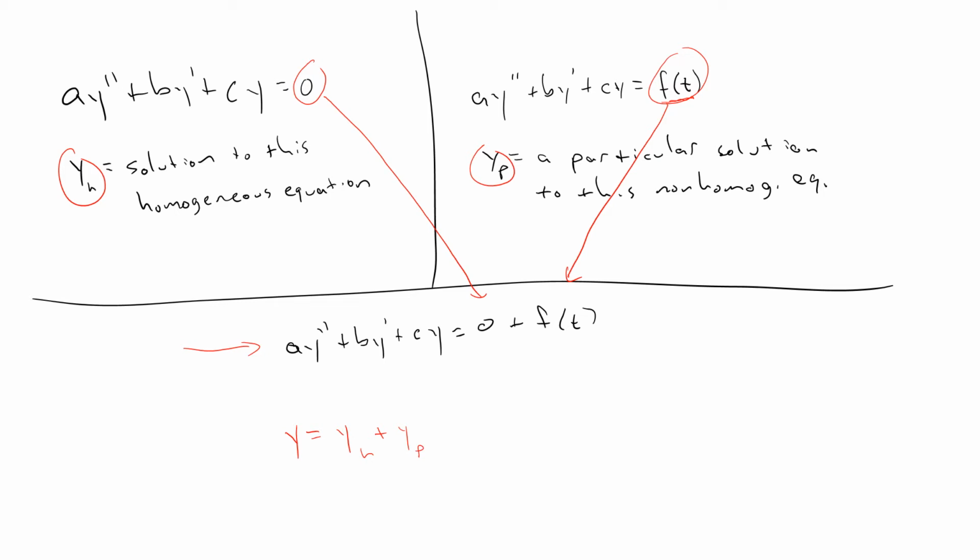Now, notice the right hand side here is really just another way of saying 0 plus f of t is just the same thing as f of t. And so really what we've written down here is a solution to this equation that we have on the right up here, because 0 plus f of t is the same thing as just f of t.